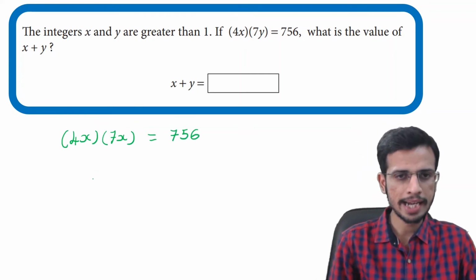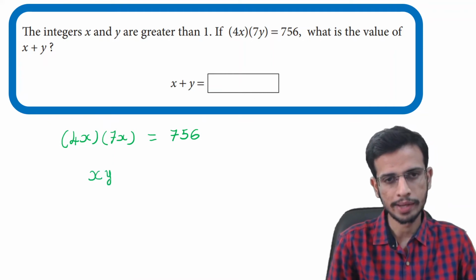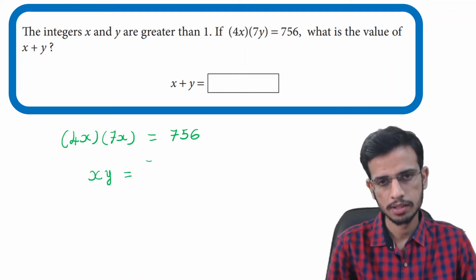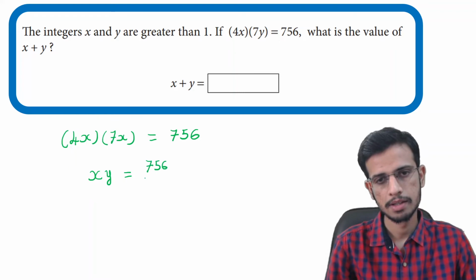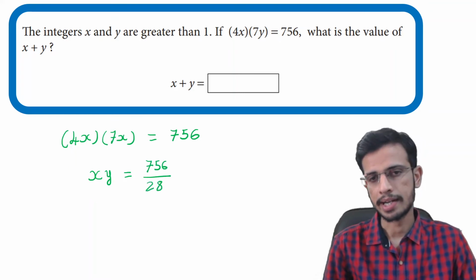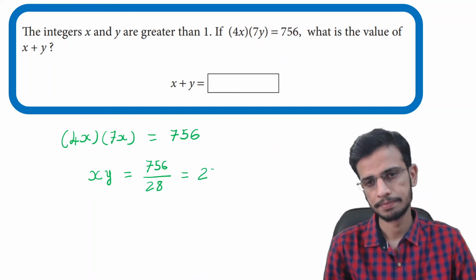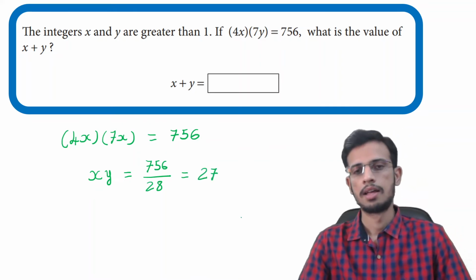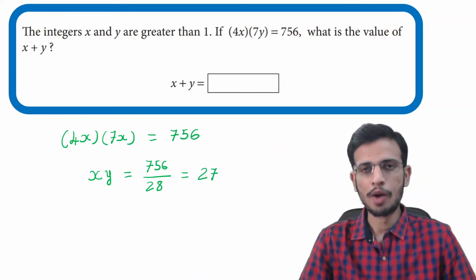From this we will get x into y. So x into y will become 756 divided by 28, which is 27. Okay? X into y is equal to 27.